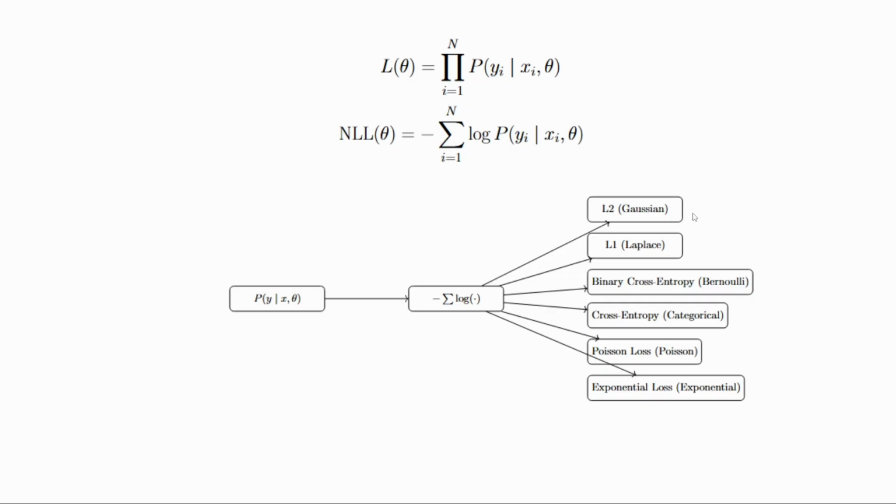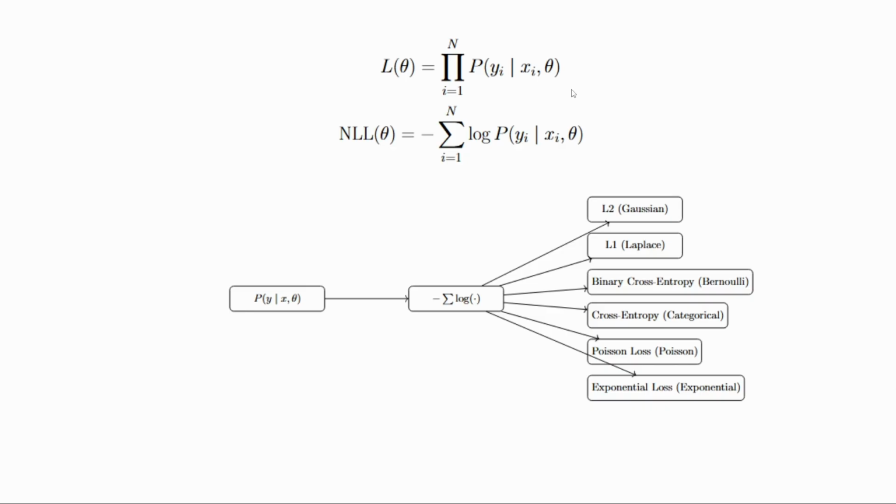So let's take a step back and look at the whole pattern at once. What we started with was the question: what is the likelihood of observing our exact data? Of course, that depends on the distribution of our data. So we can assign different distributions to our data, and we can find these loss functions.